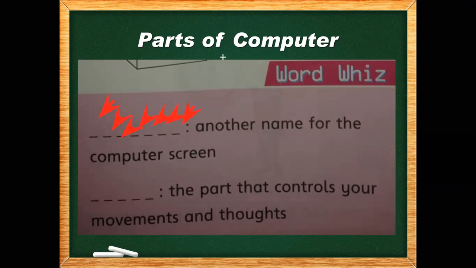So we have to write a word which has seven letters. They are saying, dash, another name for computer screen. The word coming here is a name of the computer screen.